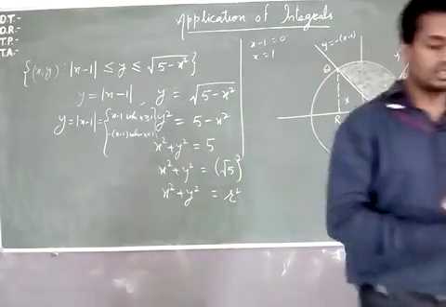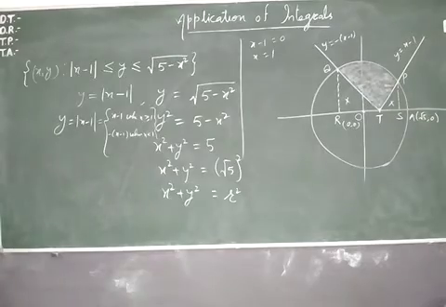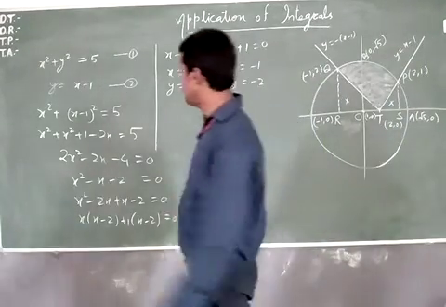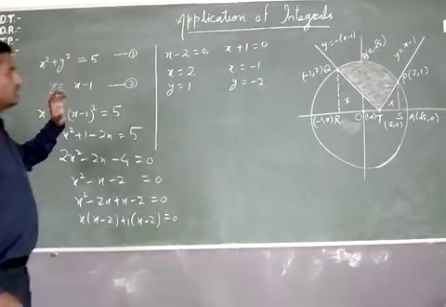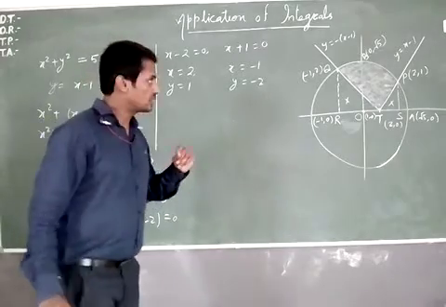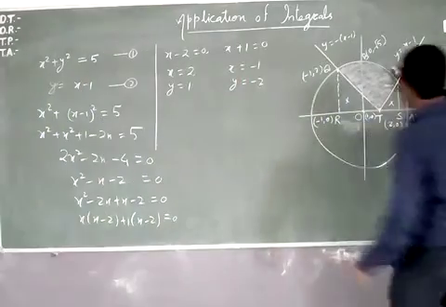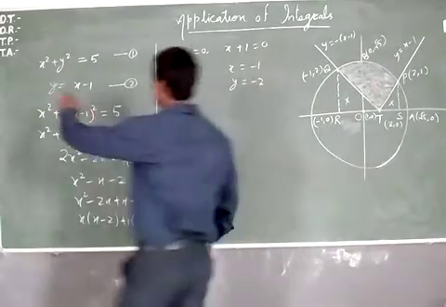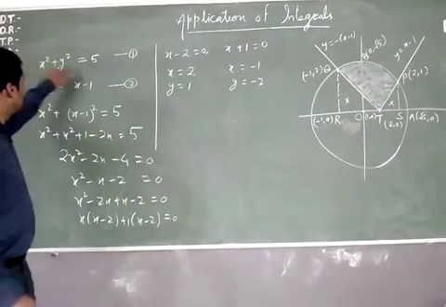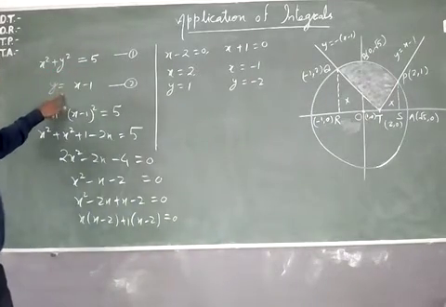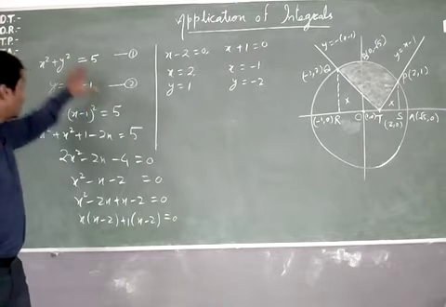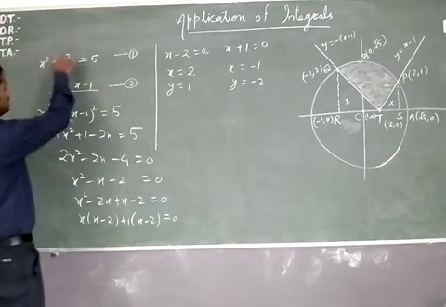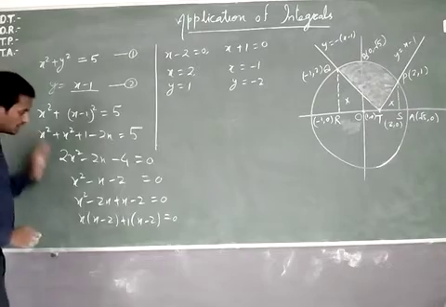Now we will simplify the given condition. After finding the intersecting point, we can find it by solving the equation of the circle and the quadratic equation.